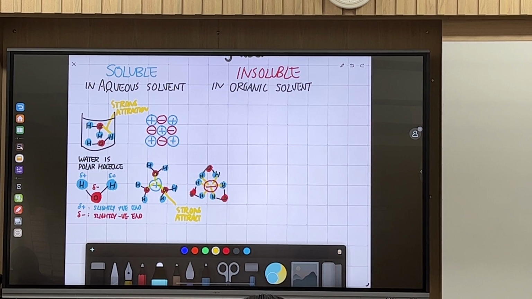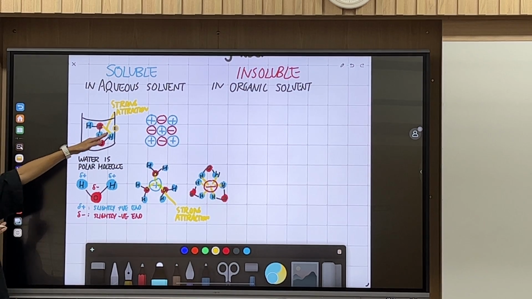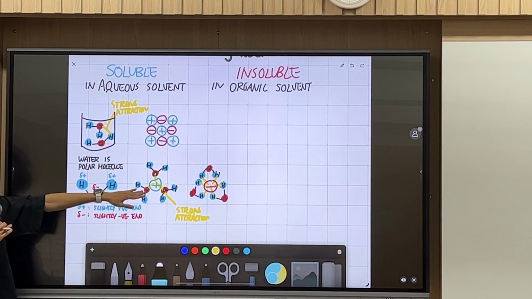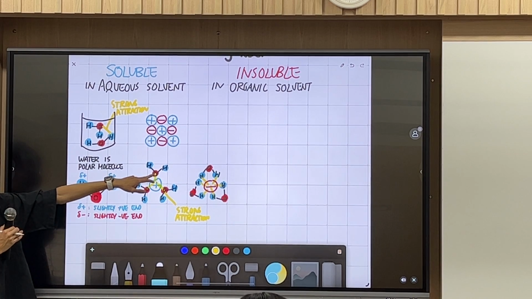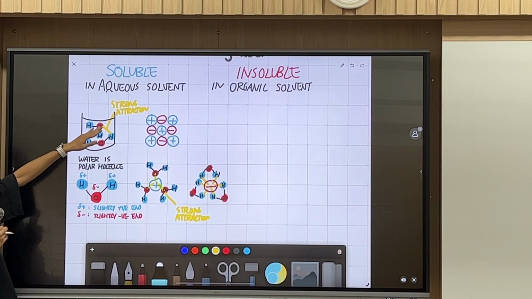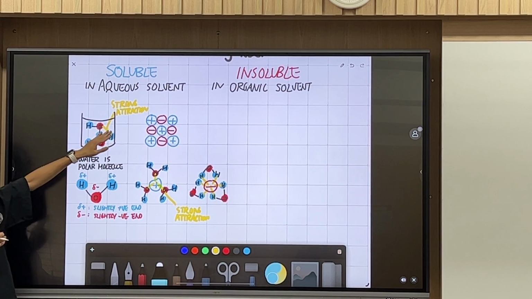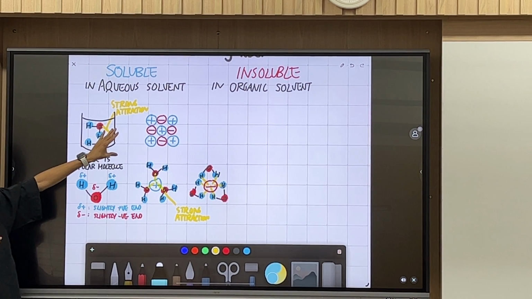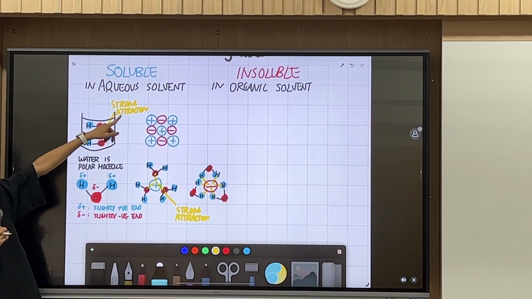It will dissolve. So it's kind of like when you want to dissolve in water, you will first need to break off these connections first. Because in order to dissolve in water, it means you want to make friends with water. And in order for you to make friends with water, you need to ask the water to stop making friends with each other first. So think of this as like an investment. Let's say this is a strong attraction.